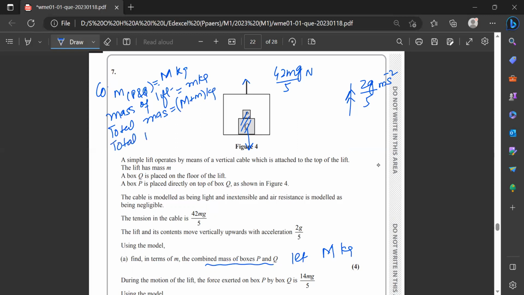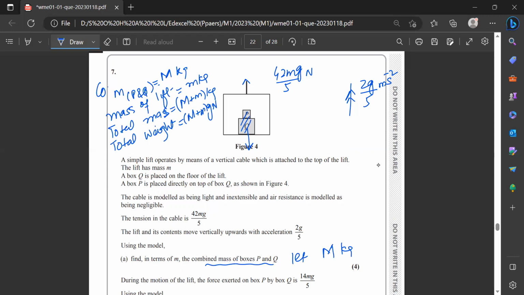So the total weight is M plus m times g newtons.